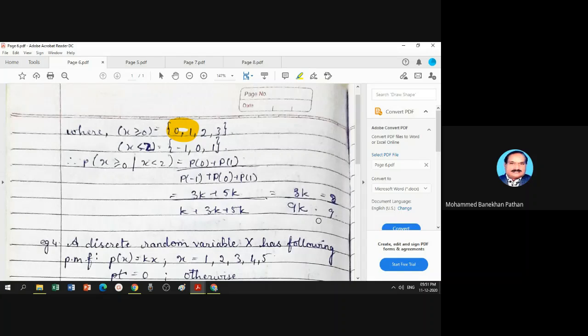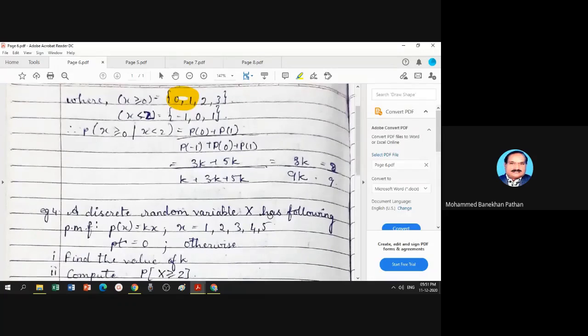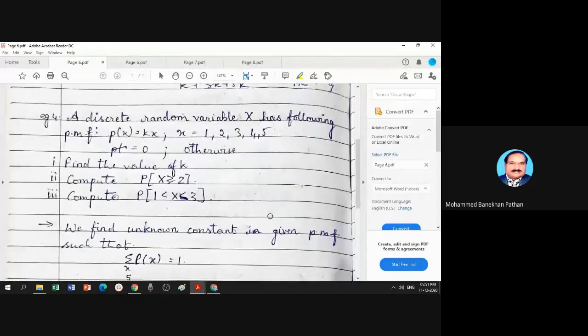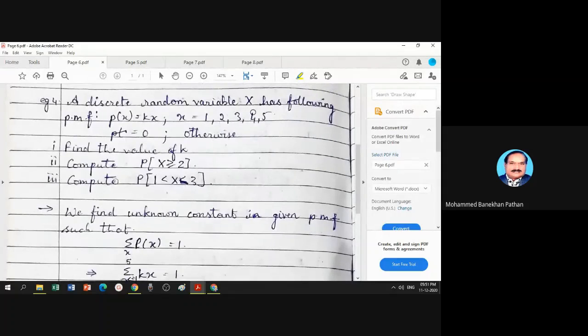Such types of questions may be asked in the exam to calculate probabilities and to get the unknown constant in a given table. Next, example number 4: a discrete random variable X has the following PMF, probability mass function.